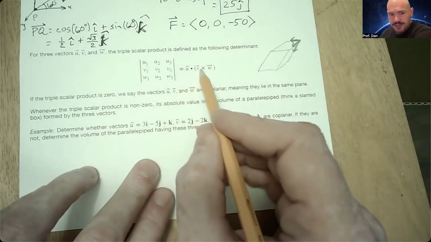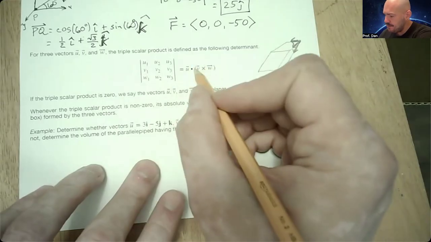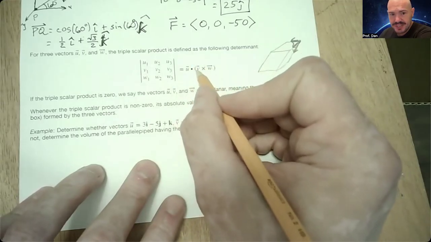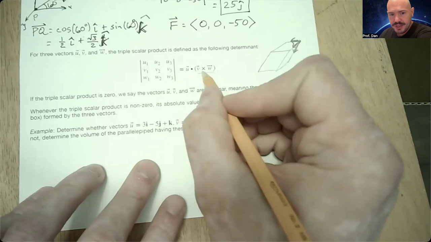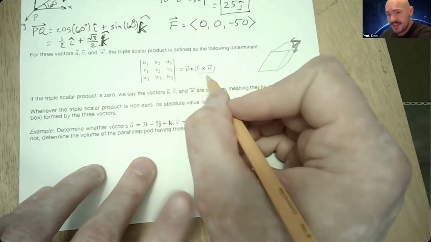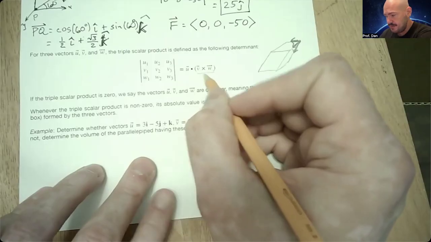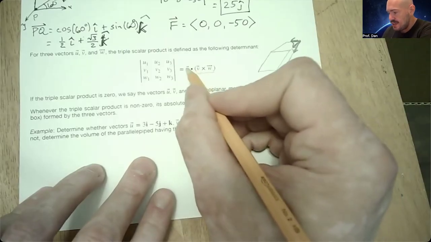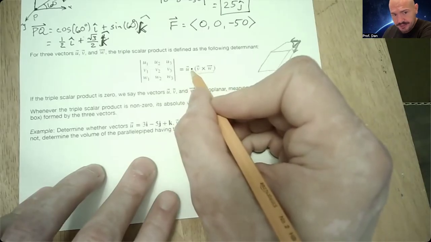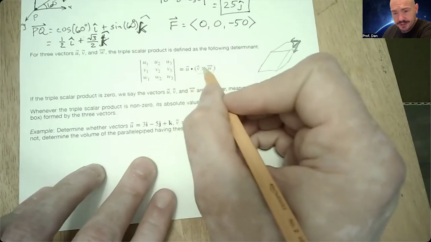This, let's analyze a little bit. Remember PEMDAS. If I look inside these parentheses first, what do I see? I see a cross product. If I take a cross product, what is the result? Is it a scalar or is it a vector? It's a vector. All right, so I have U, which is a vector, dot, like the dot product, this guy, which is another vector.